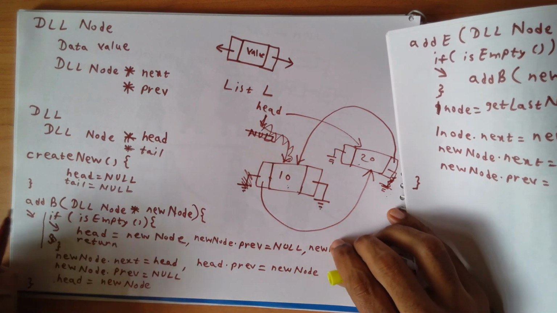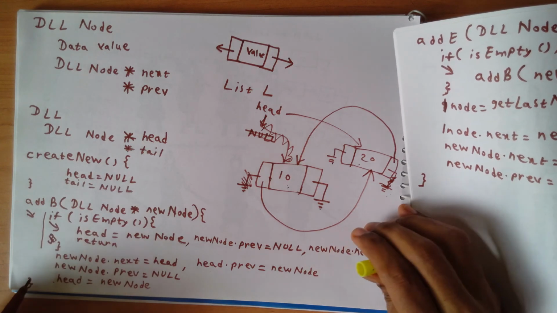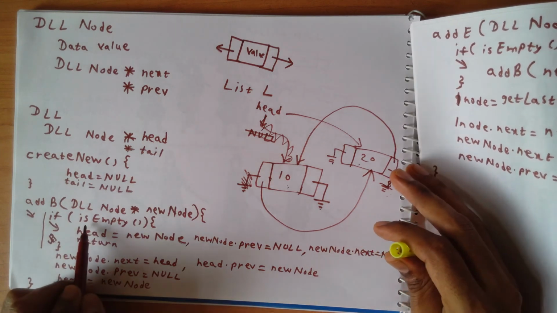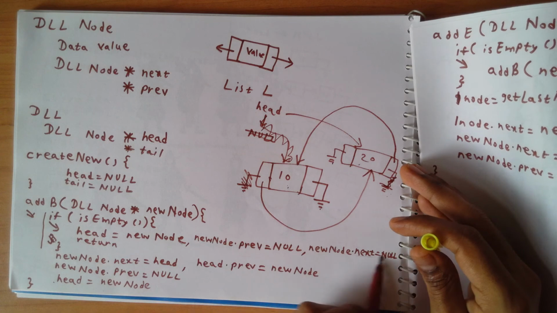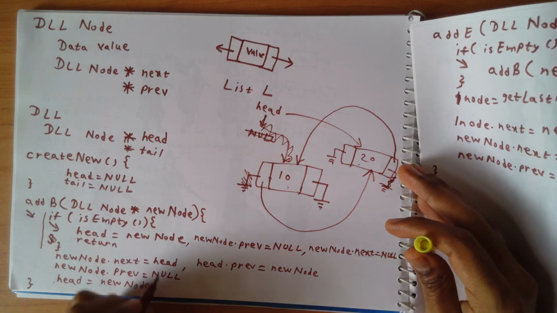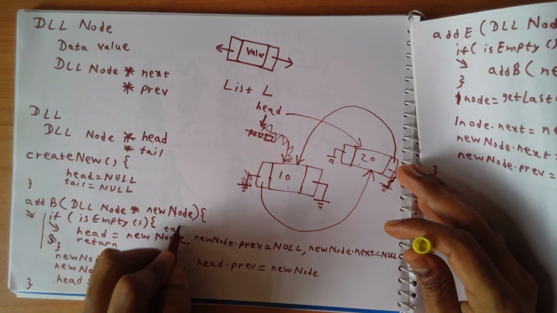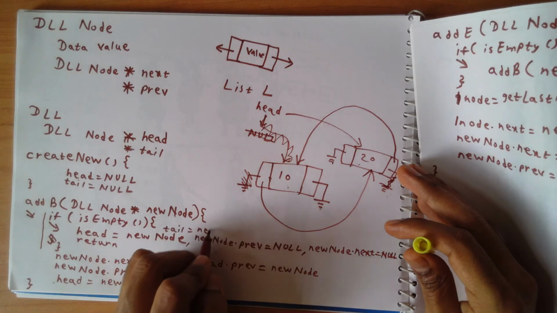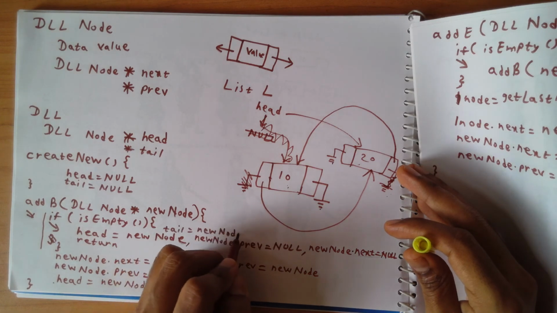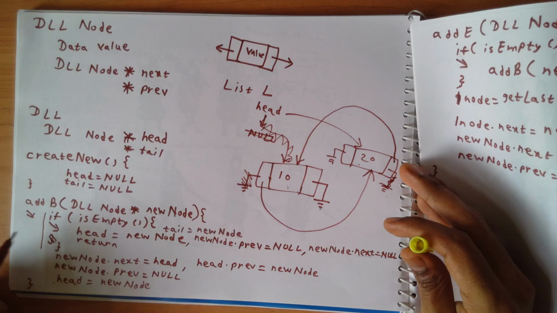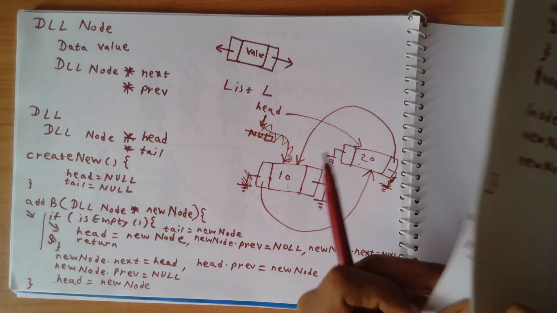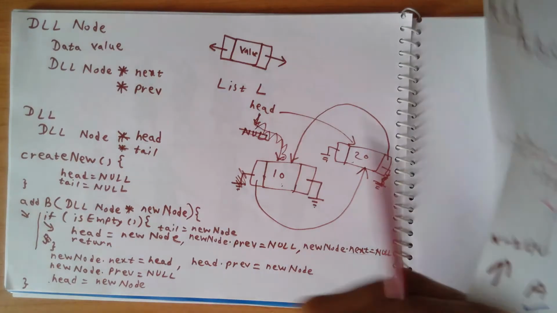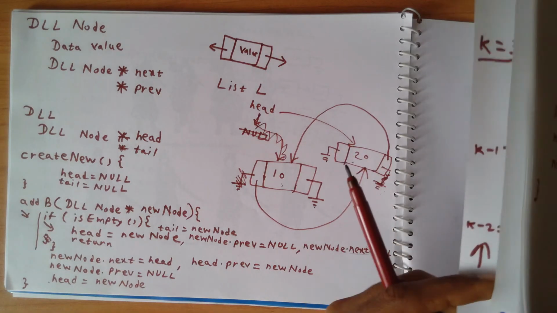And when we add at the beginning, we should check if the list is empty. Then apart from all these operations, we also have to set our tail equal to the new node, because the first node is the last node. So that is what we have to do if the list is empty. If the list is not empty, we don't have to play with the tail node.